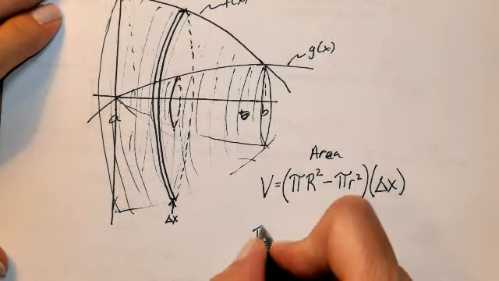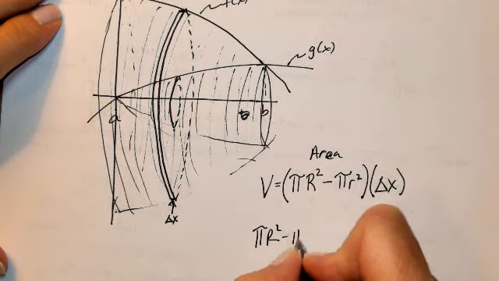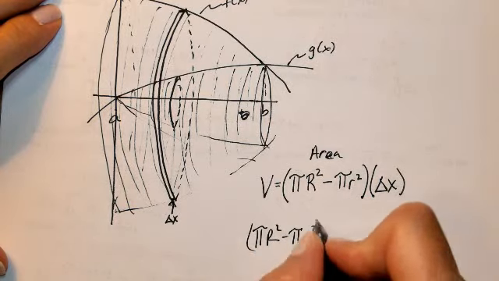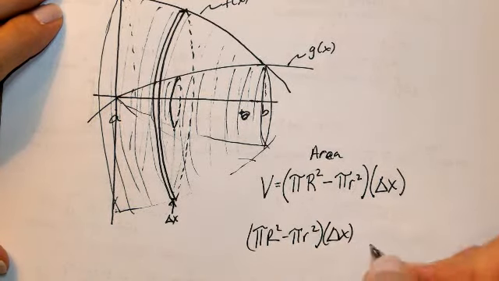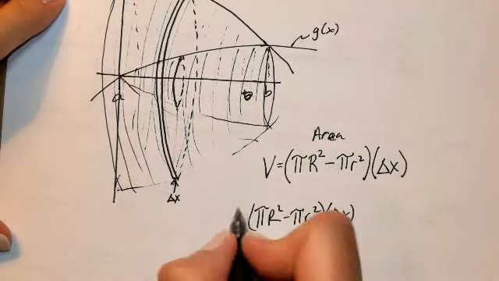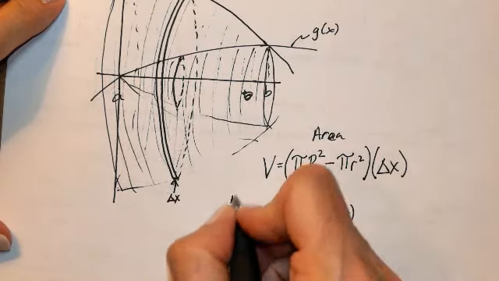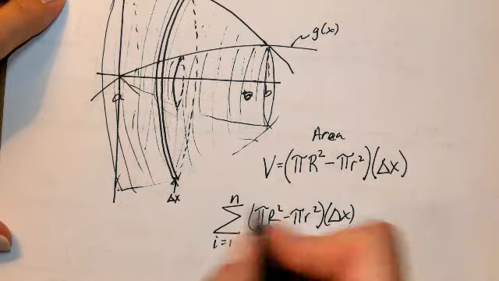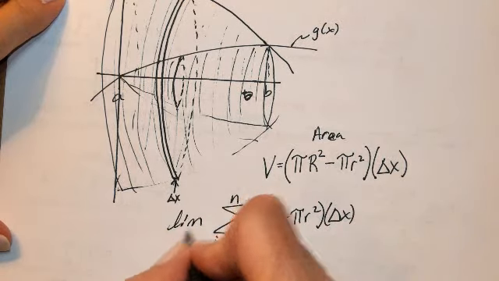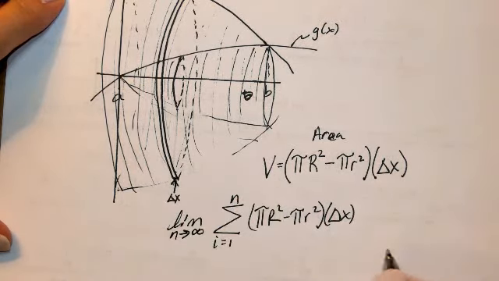Here's one, there's one washer, right? But now we need to add up all of our washers from 1 to however many washers we have, and then we let the number of washers go to infinity, right?